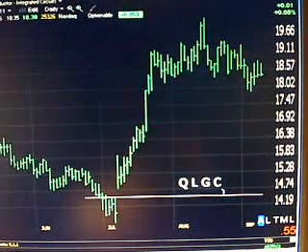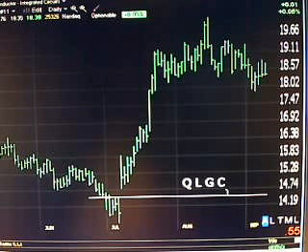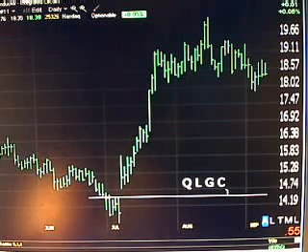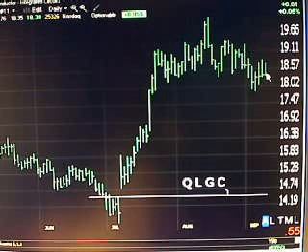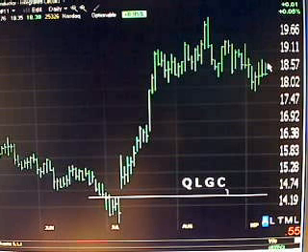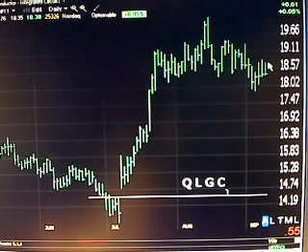Okay, we're looking at a daily bar chart of QLGC. This is a call on the short side, and we'll be looking to sell the stock short tomorrow right around 18.38. It might try to lift again up into the 18.60 area. Anything above last night's close would be a good spot.